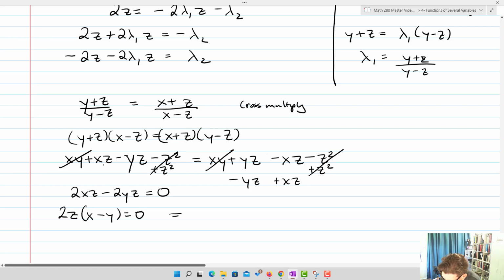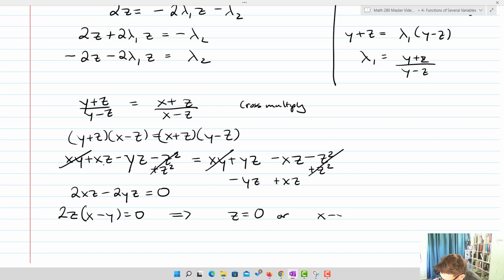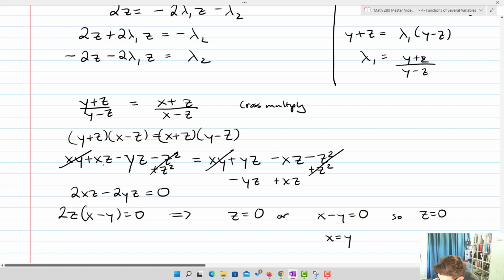And that actually gives me a value here now, which simplifies things. That means z equals 0 or x minus y equals 0 by the zero product property. Remember your algebra there? So z equals 0. Hey, great, I figured out what z is. And then we have that x has to equal y.